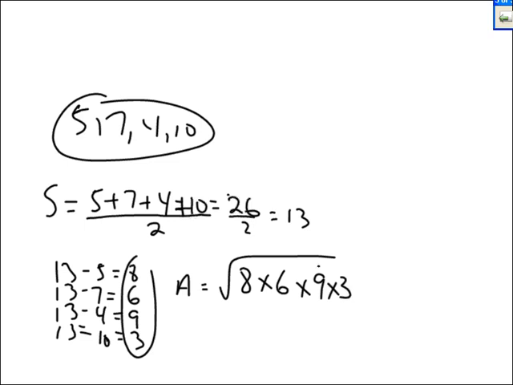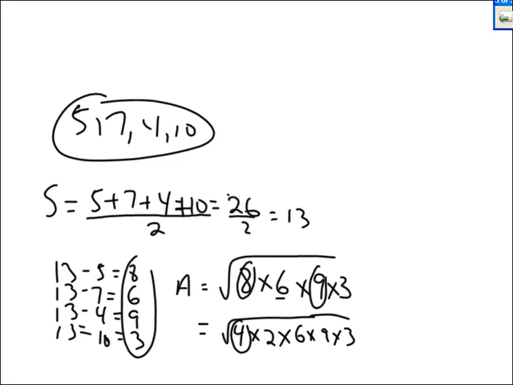Now I'm not going to touch the 9. And there's a number that I know the square root of that goes into 8. It's called 4. 4 times 2, that's 8, times 6, times 9, times 3.